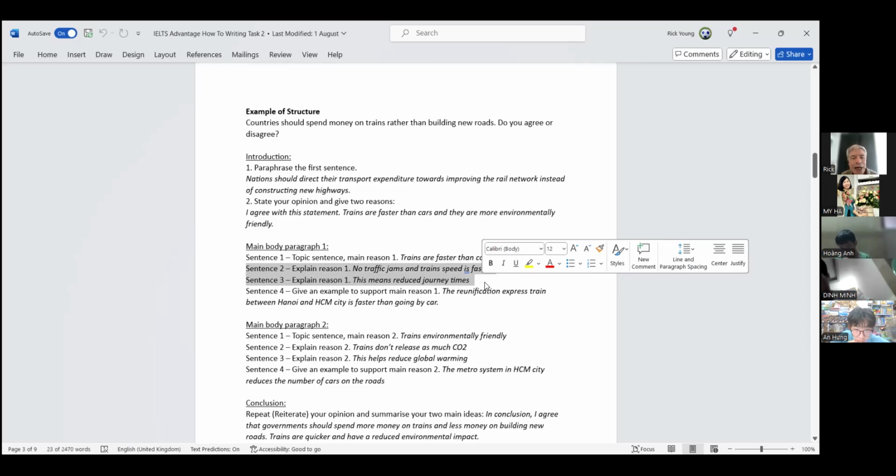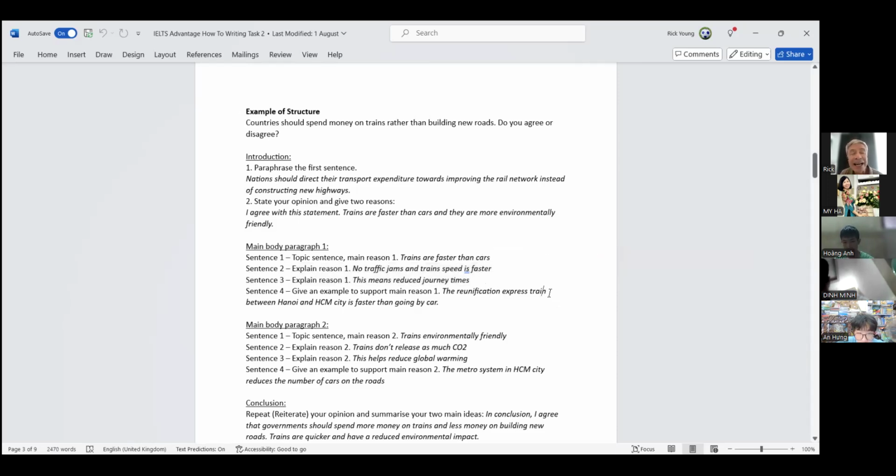Just read what I have written, Anhung. True. It's no traffic jam and train speed is fast. Okay, good. So I think trains are faster than cars because trains don't get stuck in traffic. And also I think trains are faster once you get out of the city, trains can go faster.